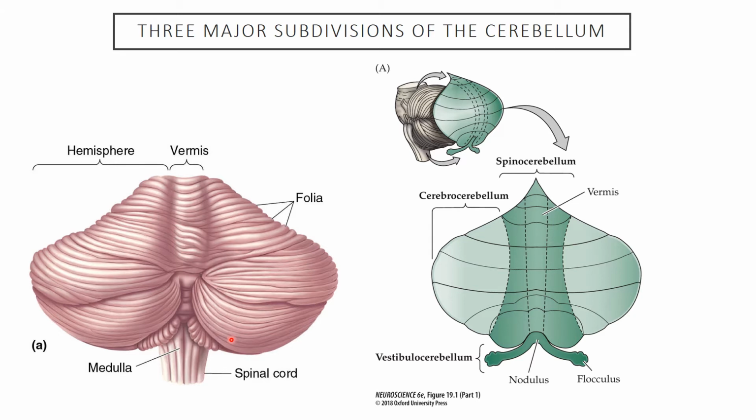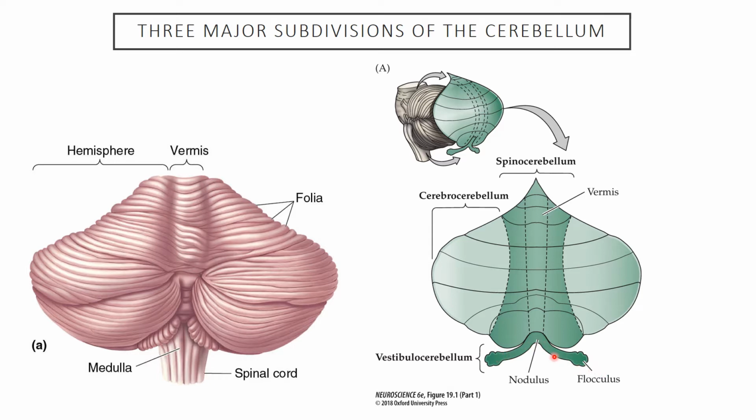The cerebellum, as we saw before, has this distinct structure, but like we're learning in a lot of brain areas, this can be broken up into other functional differences in different areas as well. So in the more lateral portions of the cerebellum, we refer to this as the cerebrocerebellum, and then we have the spinocerebellum. And then below, we have these areas here.